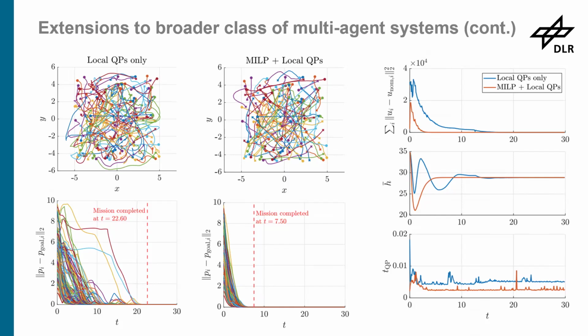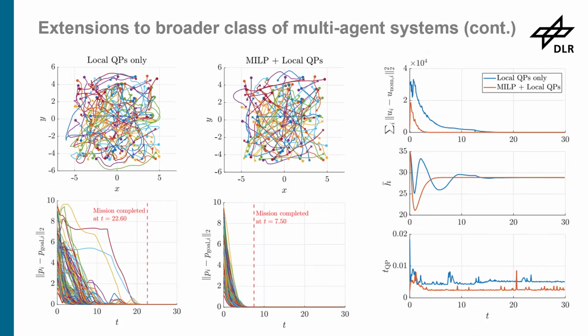What we see here is that the time series is above the one of the MLP plus local QP. It means the blue one was more conservative, right? And due to the conservatism, we had lower performance, right? So the MLP helped us to be less conservative, but at the same time gain some performance.